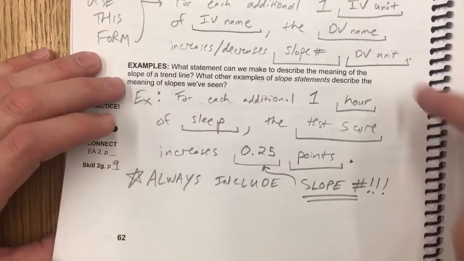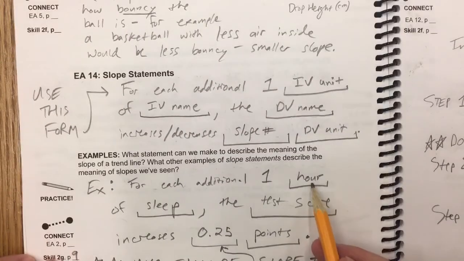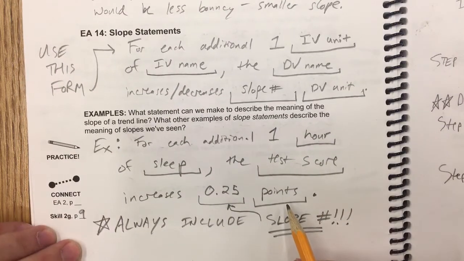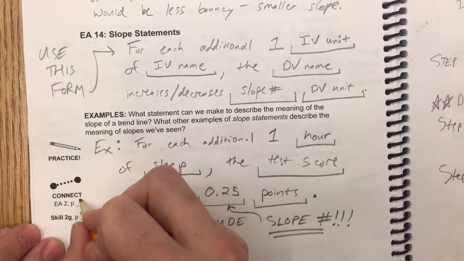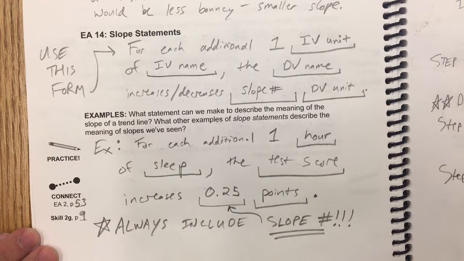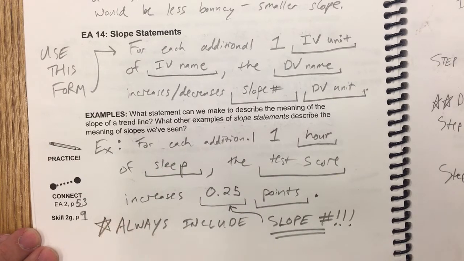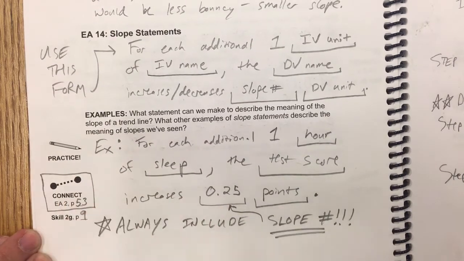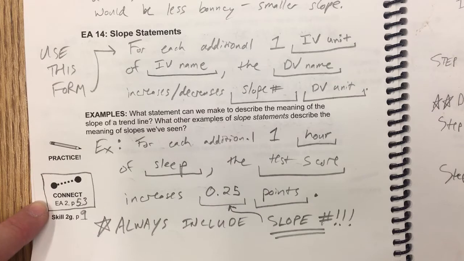Because in order to make this slope statement correctly, we need to think this is a unit, this is a variable name, this is a variable name, this is a unit. So let's put this down here. This is on page 53. When you use the slope statement form, check in to page 53 to make sure that you're thinking about EA2 and what's important there.